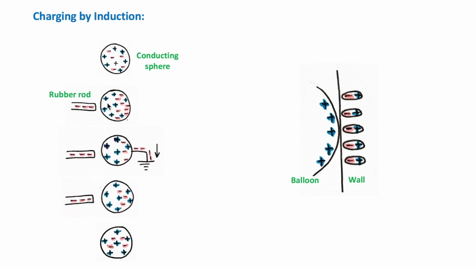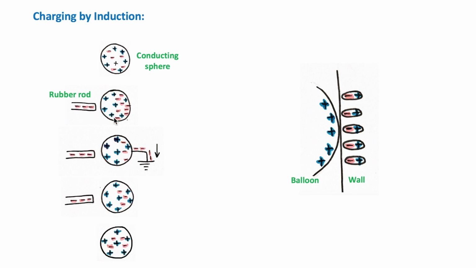Okay. And so note that only the electrons in a metal are free to move, okay? And also note here that the rubber rod does not have to touch the sphere for this movement of the electrons in the sphere to occur.